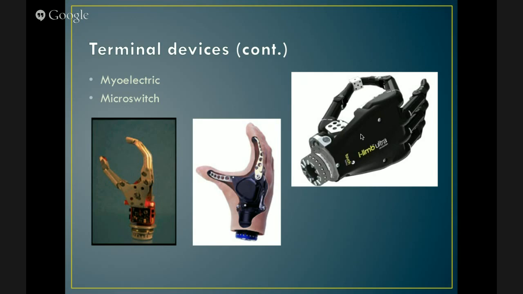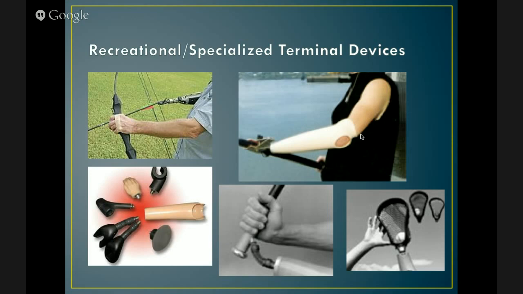Okay. So just to show you out there, this is not covered by any insurance that I know of, but there are different types of terminal devices, usually created by somebody who had an interest in some sort of specific activity and just figured a way to jerry-rig something that worked for them as far as their upper limb terminal device, like lacrosse, rowing, archery, baseball, whatever.